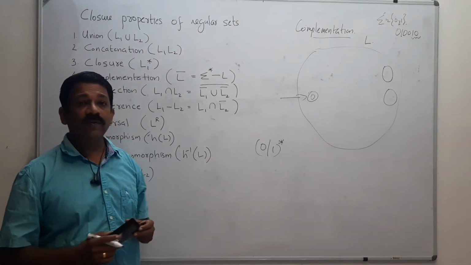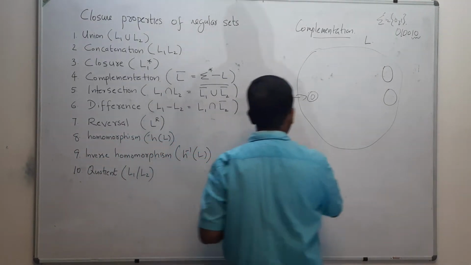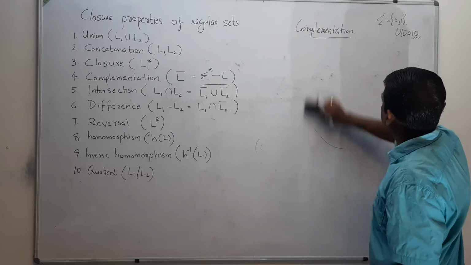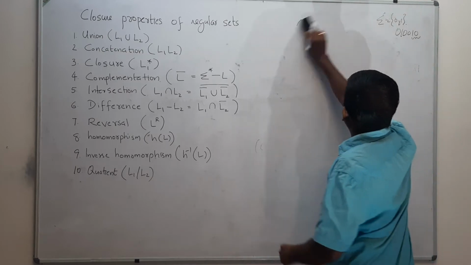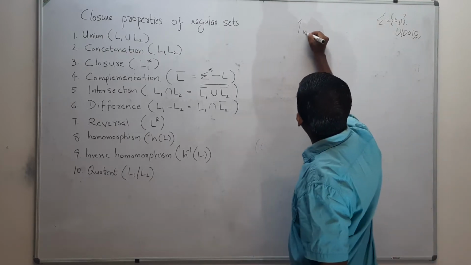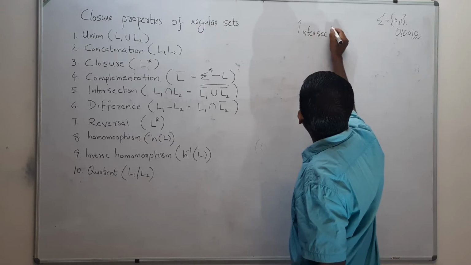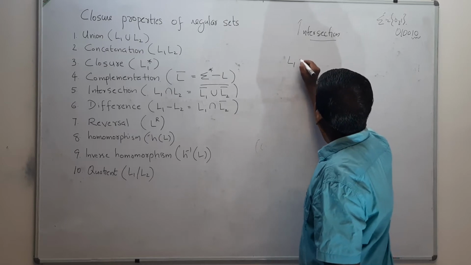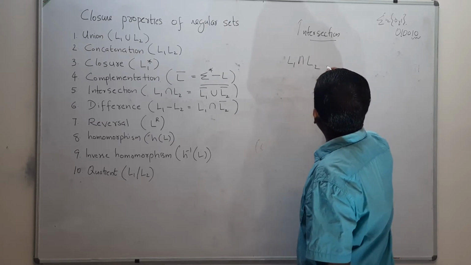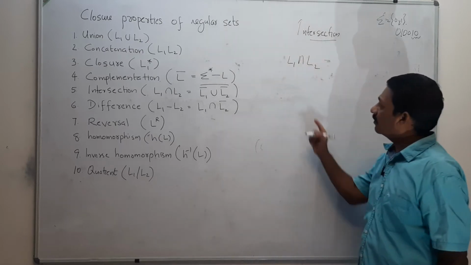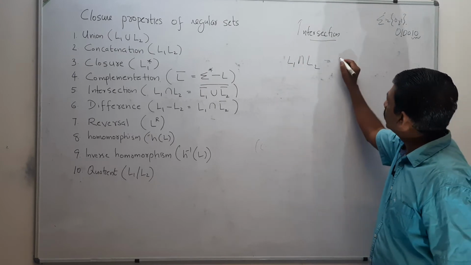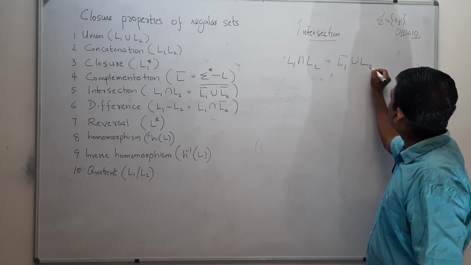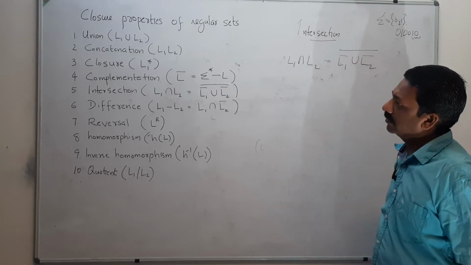That means the complementation operation is also regular. Now what about intersection? L1 intersection L2: as per De Morgan's theorem, L1 intersection L2 is L1 bar union L2 bar, the whole bar.